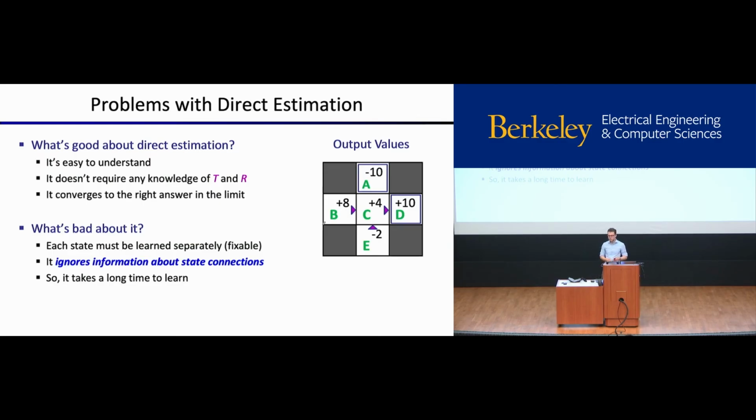So this direct estimation will work eventually. It will work if we give it enough data, but it ignores information about state connections. B goes to C, E goes to C, but somehow they have different values, and that feels a little unsatisfying. And each state must be learned separately, so we have to gather the data and then wait until we have the experiences for it.